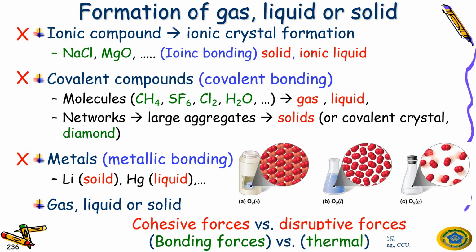However, if you increase the temperature of this system, the molecules will be pulled apart. If you increase the temperature higher and higher, solid oxygen will become liquid oxygen, and then gas oxygen. So that's why we say the thermal energy, the environment energy, works against the cohesive energy, the energy between molecules.